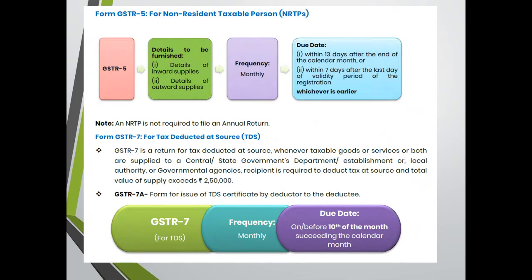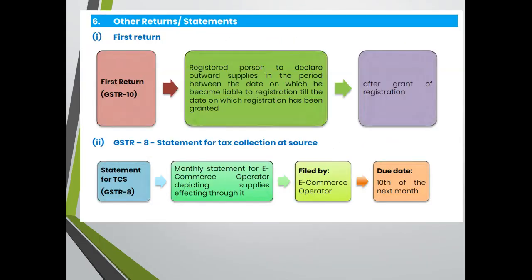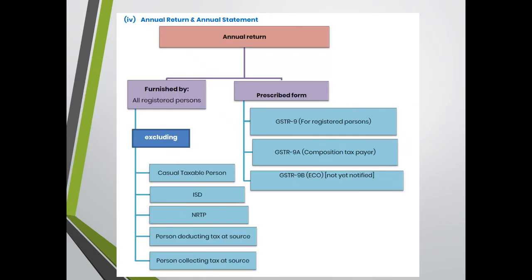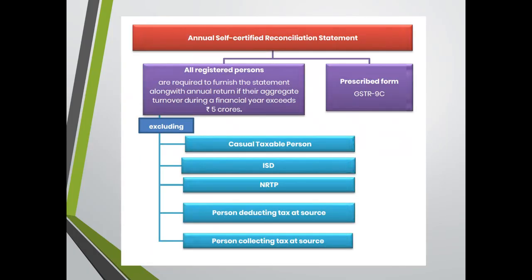Then with regard to TDS, NRTP, everything we have discussed. First return, TCS, TDS, final return, annual return in 9 as well as 9C. We had discussed GSTR 11, and finally we went on to discuss PF as well as ESI.